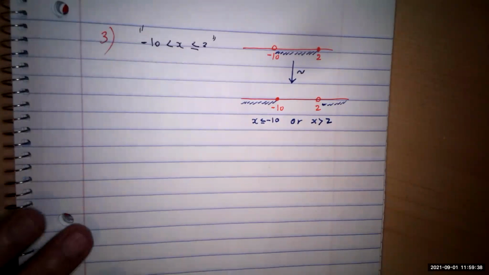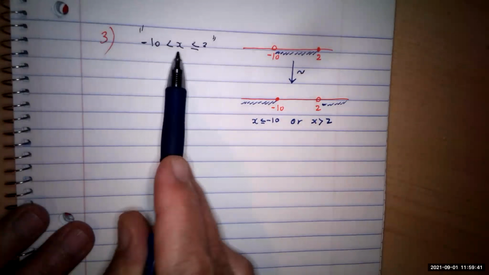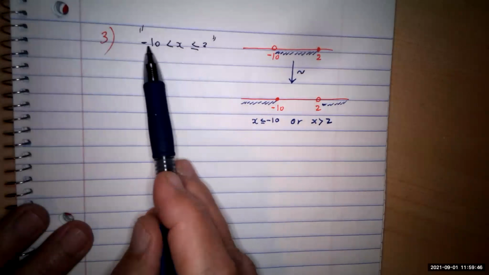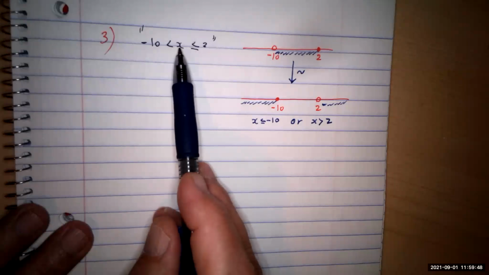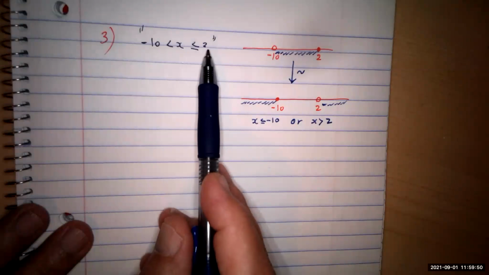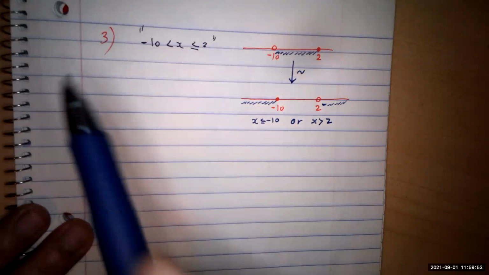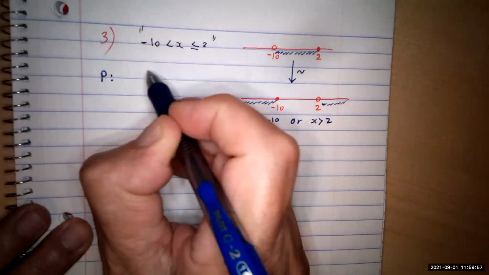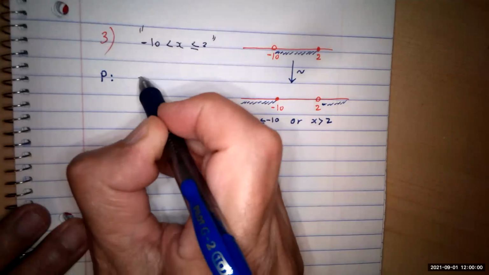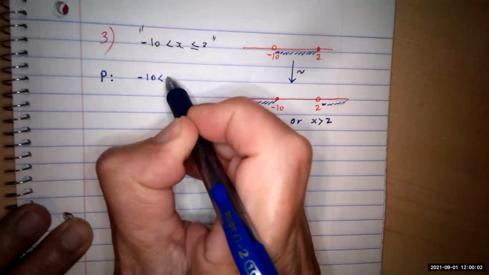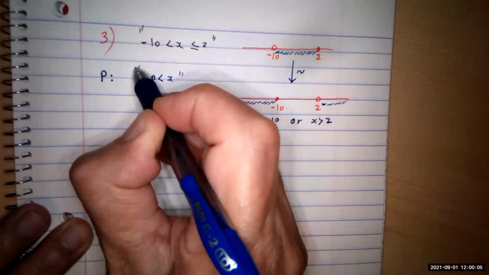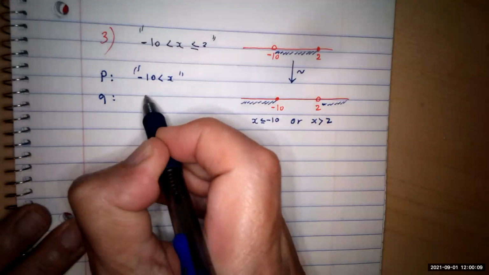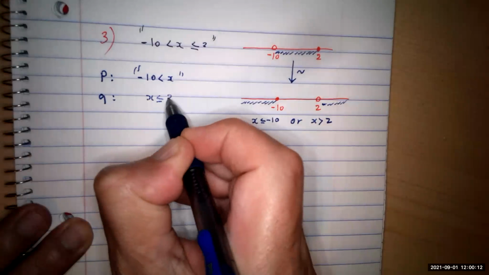But the proposition part is, what is this expression? Remember, we call this a three-part inequality in algebra. It means x is greater than -10 and x is less than or equal to 2. To do it using the logical format, you pick the proposition P to be the fact that x is greater than -10, and the proposition Q to be the fact that x is less than or equal to 2.